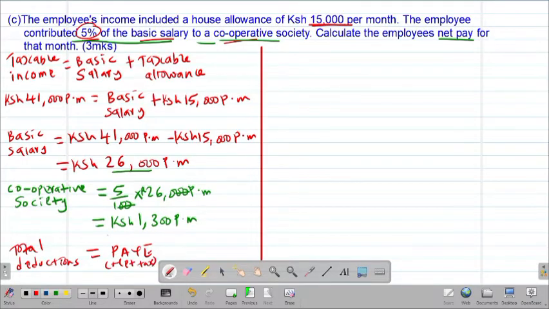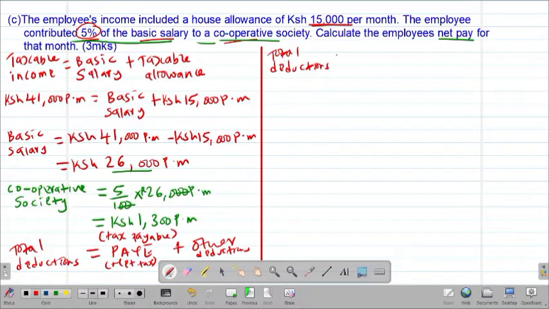In this question, we are also calling it the tax payable, plus other deductions, which will be equal to the total deductions.